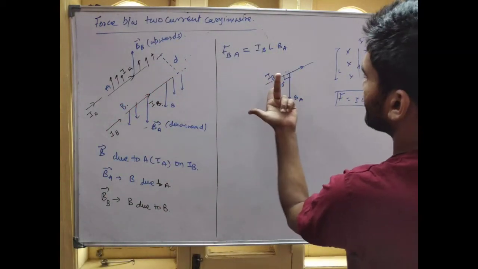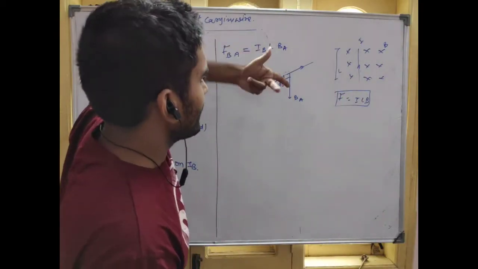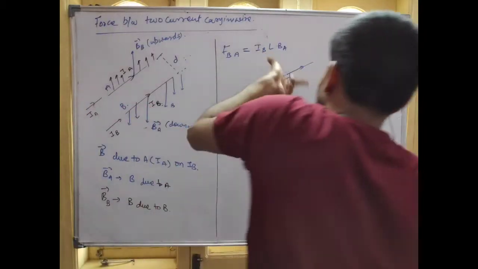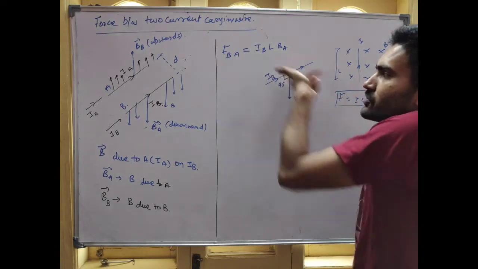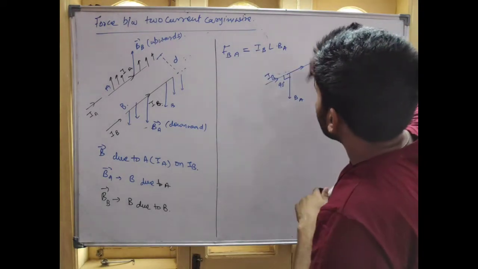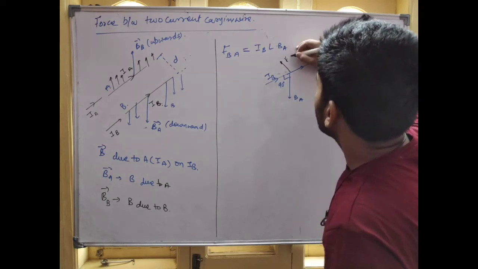Magnetic field is here, and the current direction is here, right? So where is the force direction? I think it will be in the x direction, minus x direction. Yes or no?